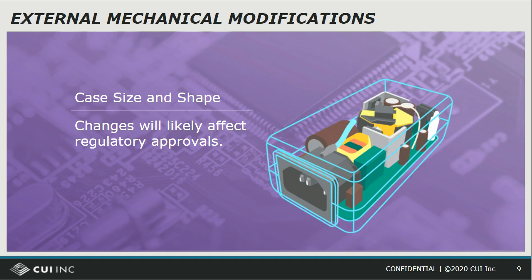Changing that may affect regulatory approval. Normally, regulatory approval is affected by safety issues. The case is deemed a safety item, as is the high voltage sections of the power supply. You can also change the DC output plug as part of an external mechanical modification. That normally does not affect regulatory issues.